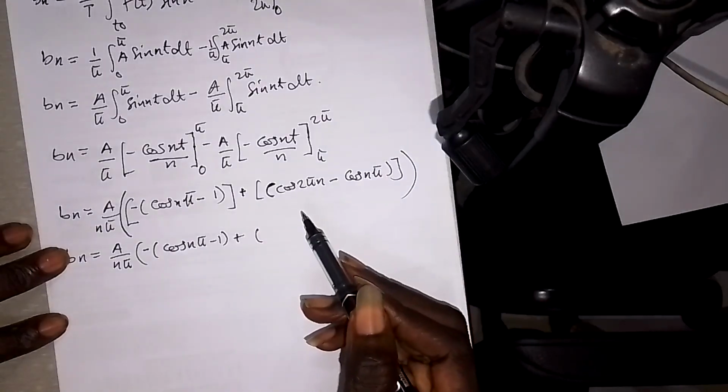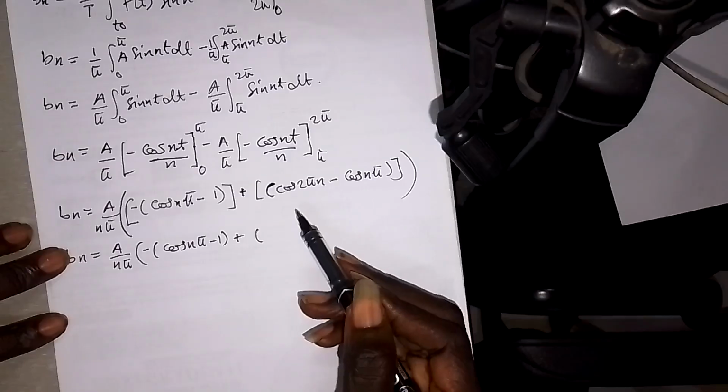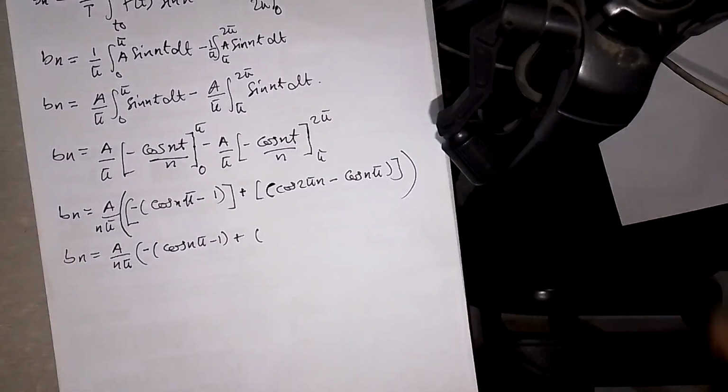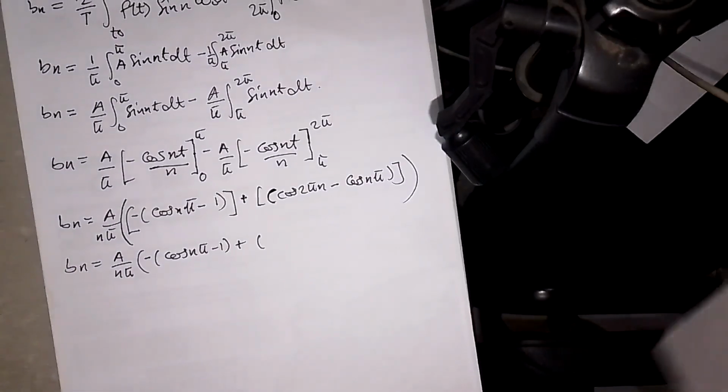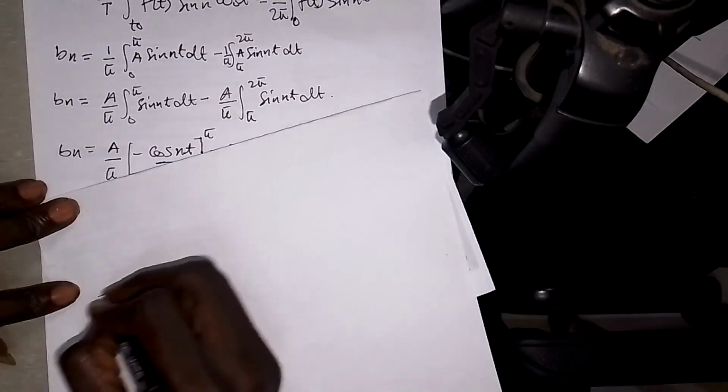What is the value for cos 2 pi n? The value for cos 2 pi n will always be 1. Why do I say that? Let me just prove it to you. We are dealing with integers here. So this is the cosine graph.